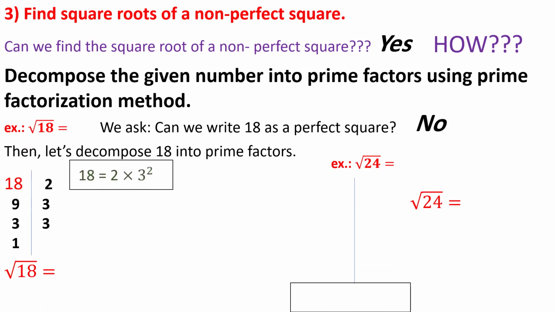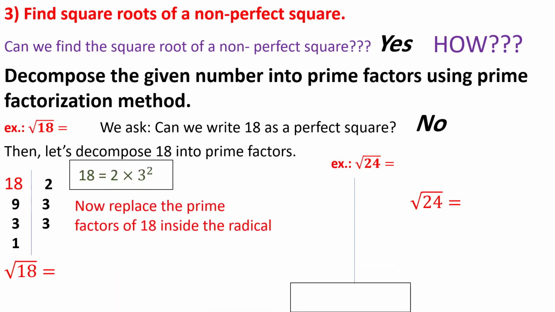The prime factors of 18 are 2 times 3 squared. Then I replace these prime factors inside the radical, so I have radical 2 times 3 squared. What comes outside? Of course, 2 cannot come outside because it doesn't have a square. So 3 squared comes outside as a 3. So my answer will be 3 radical 2. This is the simplified radical 18.